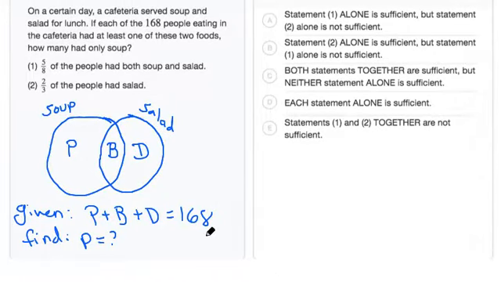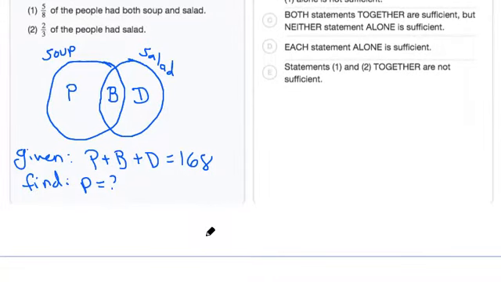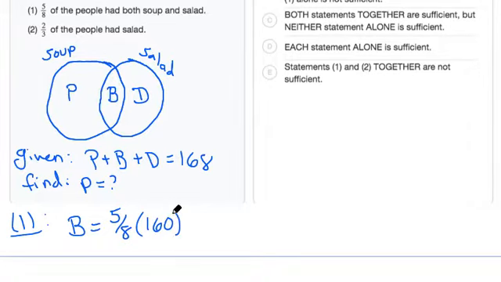So let's scroll down and consider statement 1. I'm only scrolling down for a little bit of space. Since 5/8 of the people had both soup and salad, we know that B is equal to 5/8 times 168, all of the people.